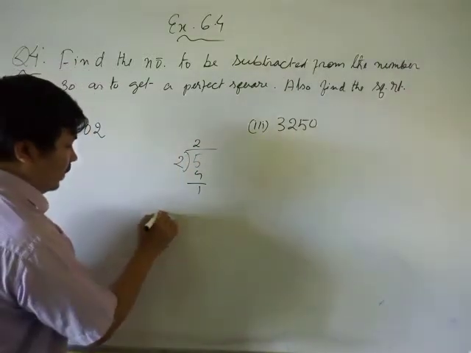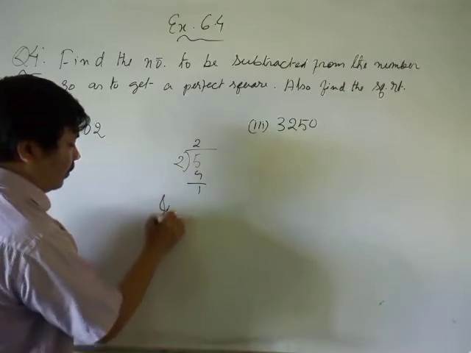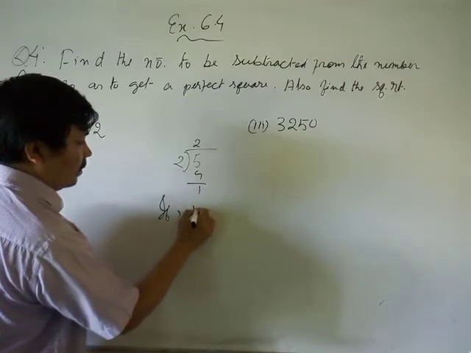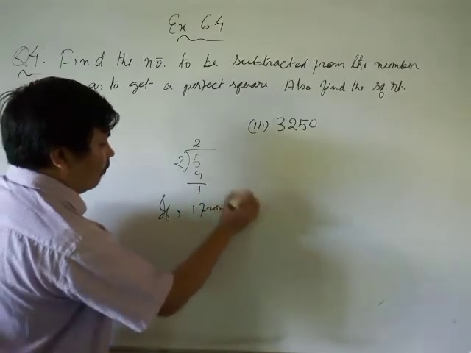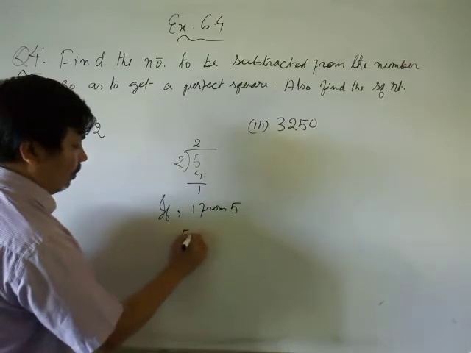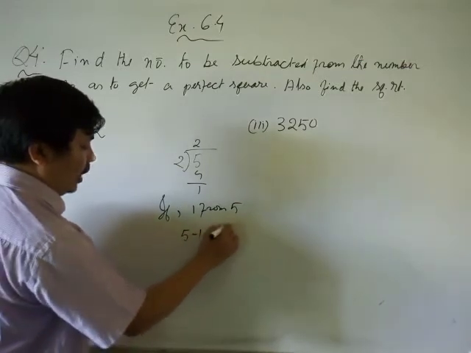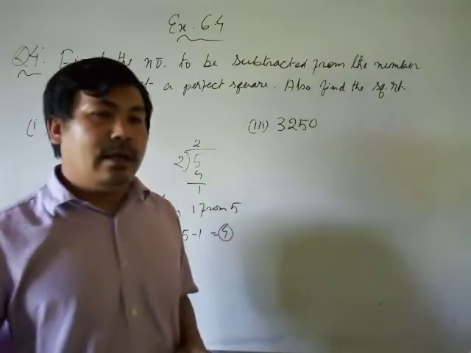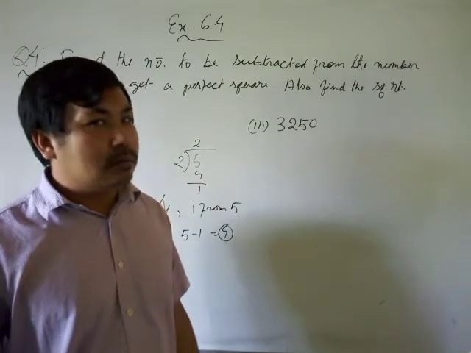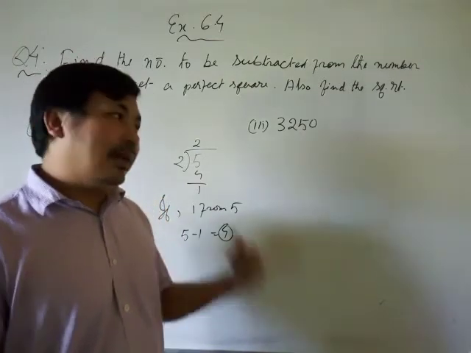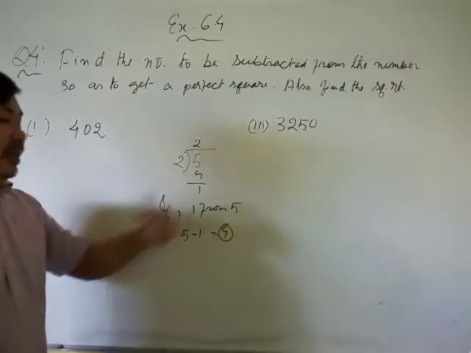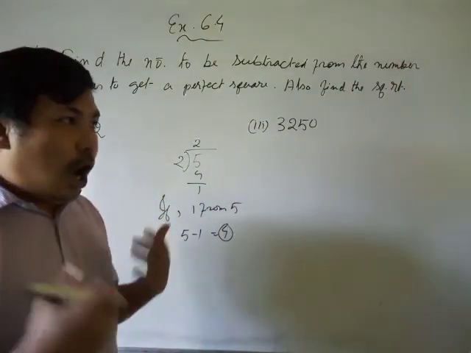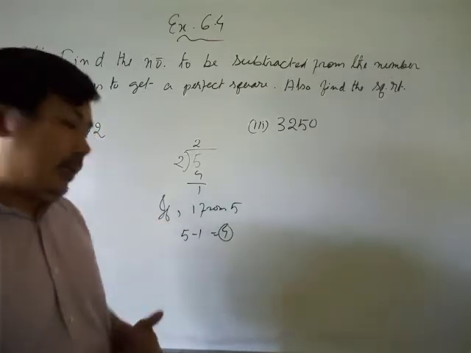If we subtract 1 from 5, that is 5 minus 1, we get 4, and then 4 becomes a number that can be divided by 2. So how will we find out? By the division method, and the remainder we subtract. That's all. We have to subtract the remainder. You understand this, isn't it?